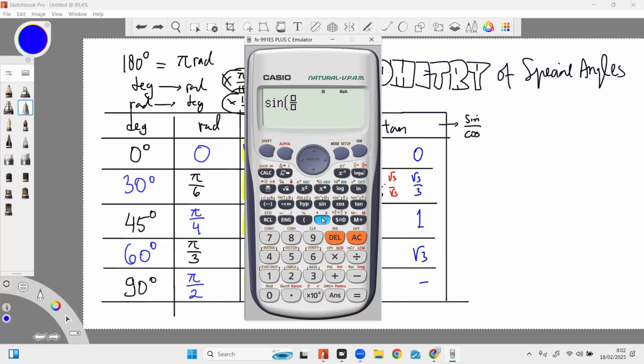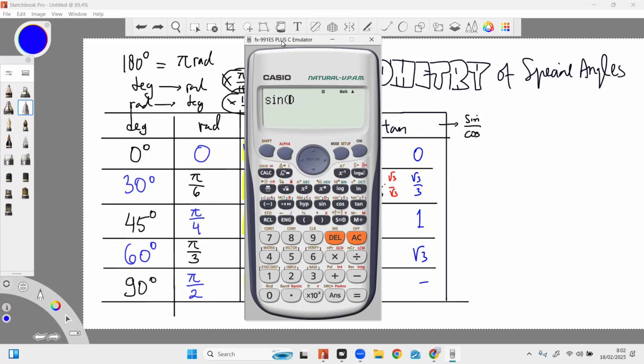If you put 30 and it is in radian mode, it will mess up. Pi over 6 has to be half also. But if I put 30, the calculator reads the 30 as 30 radian, not 30 degree. The number will be so random. See? So this is not the number that we expect. You have to make sure this R is radian, so the unit inside the angle has to be radian.